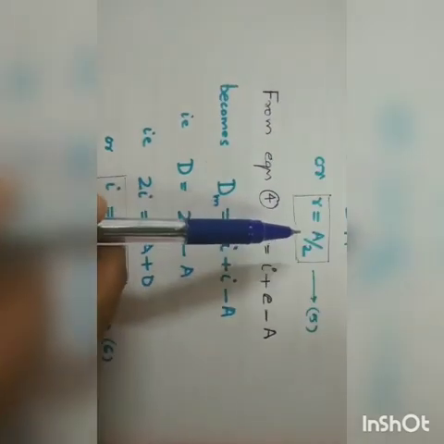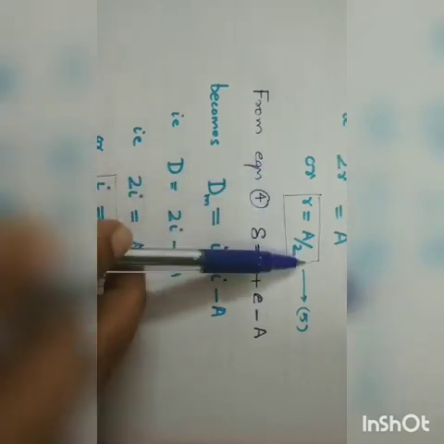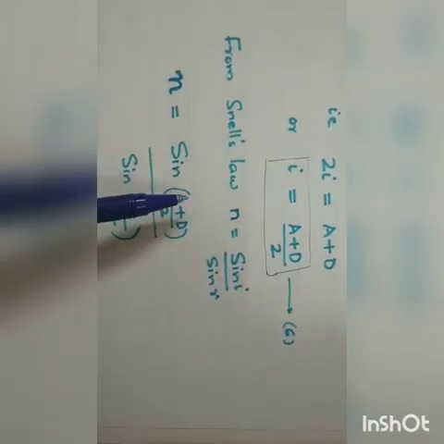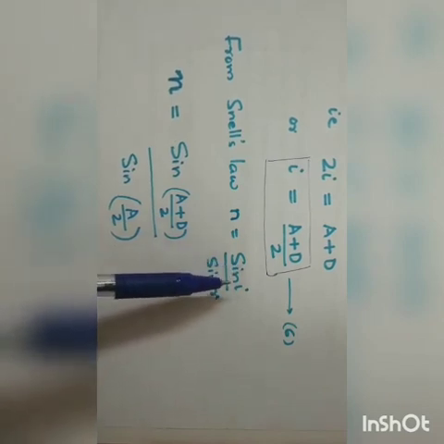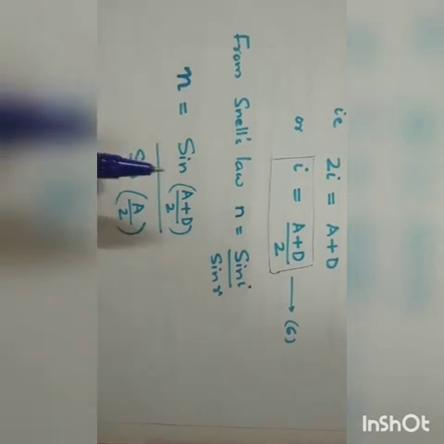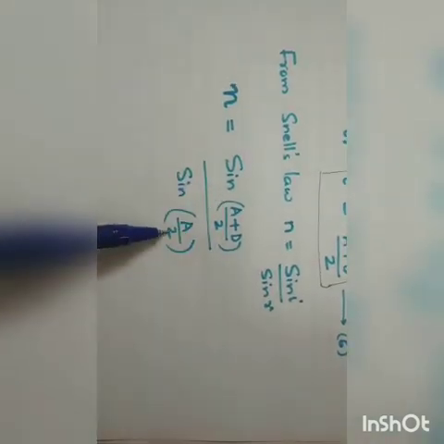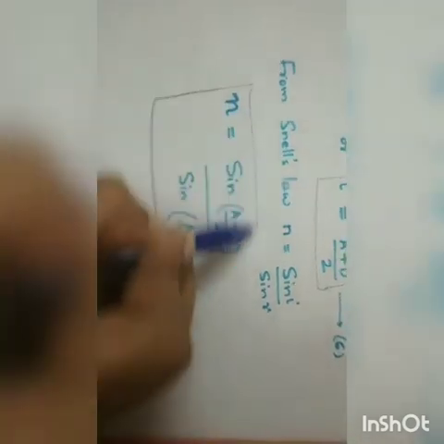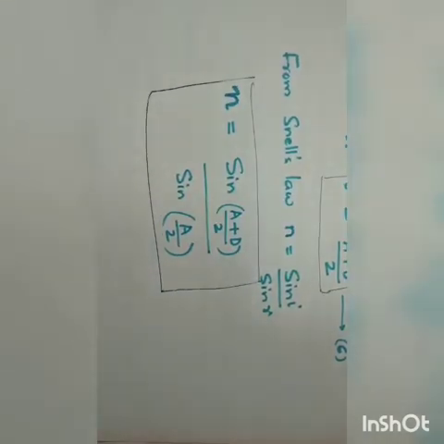A by 2. So you know the value of R, you know the value of I. So in Snell's law, substitute the values of I and R. Instead of I, A plus D by 2, and instead of R, A by 2. And you get our required equation. N is equal to sin of A plus D by 2, divided by sin of A by 2.